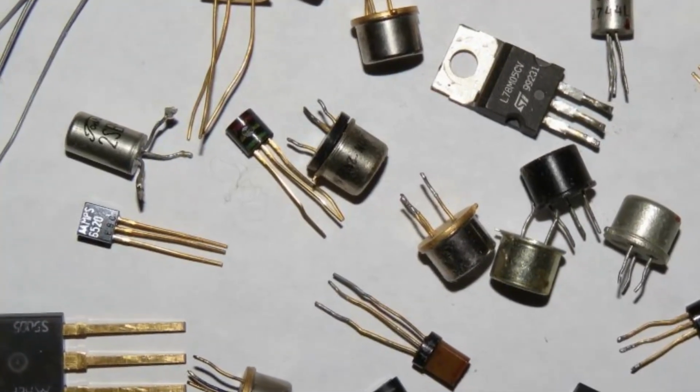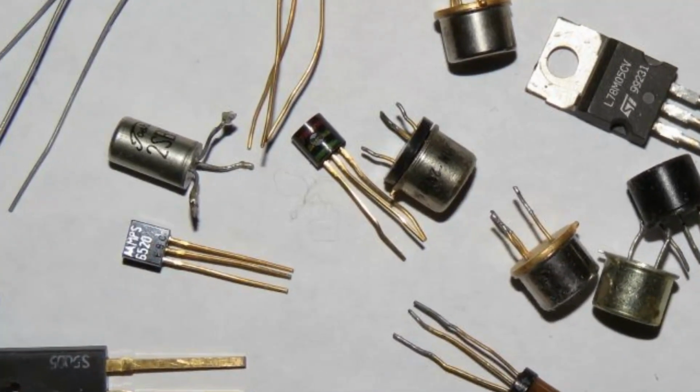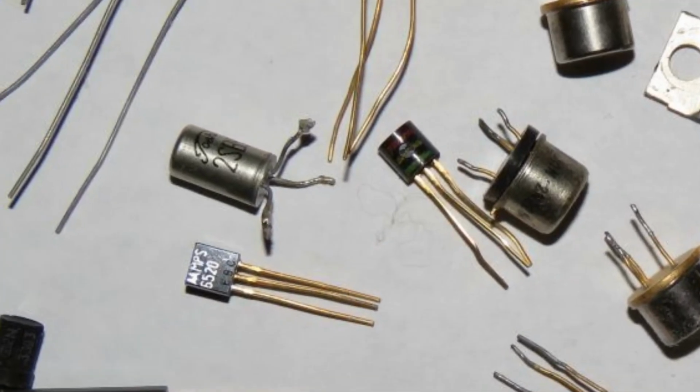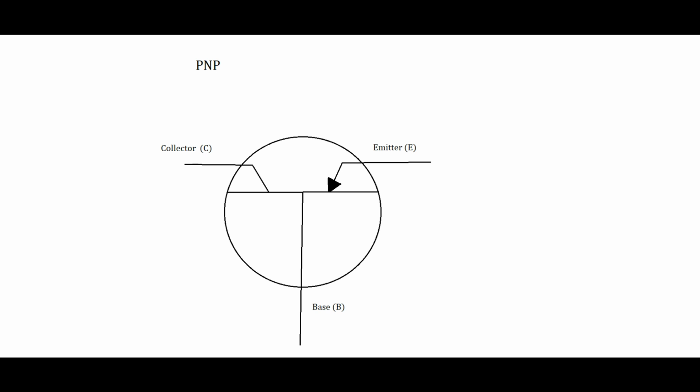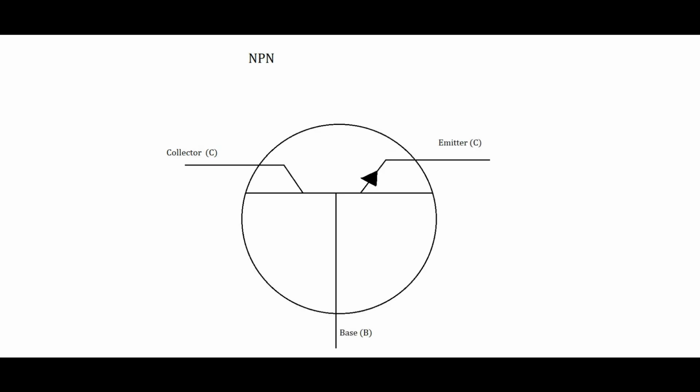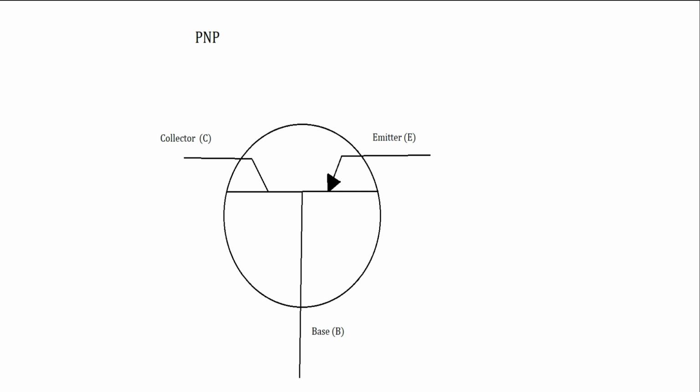Now, with our BJTs, you can have the two different constructed layouts, the PNP or the NPN. Here's the schematic symbol for a PNP. And this symbol is for the NPN. Now, an easy way to remember a PNP and an NPN for the schematic symbol is you notice the arrow pointing in on the emitter.